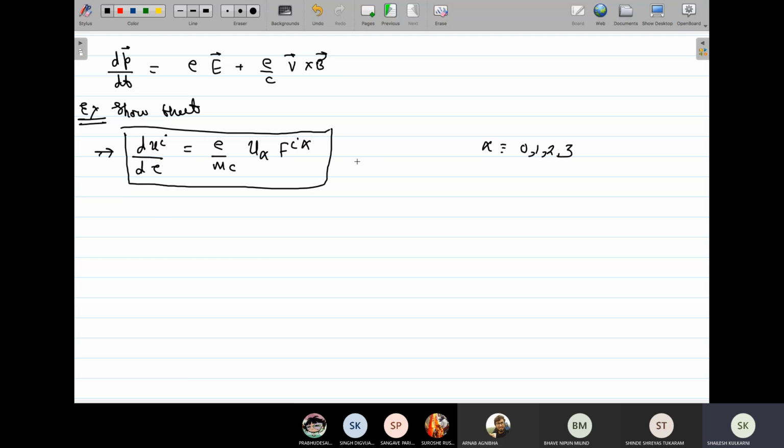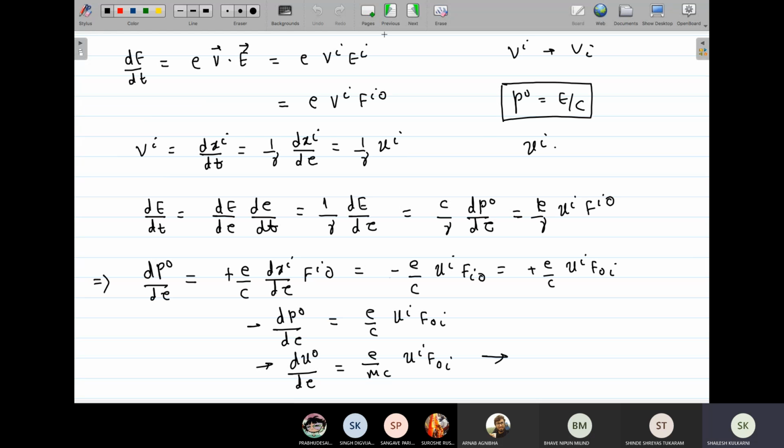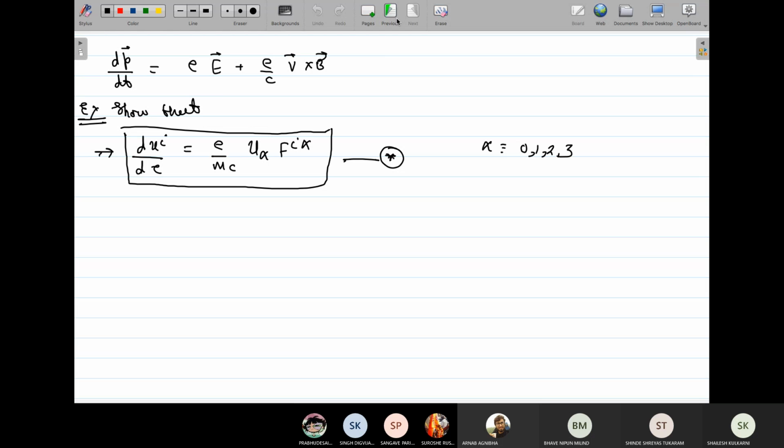So look at this equation and this relation. If you combine this and the last one, you can write du mu by d tau is equal to E by mc u alpha u nu F mu nu.